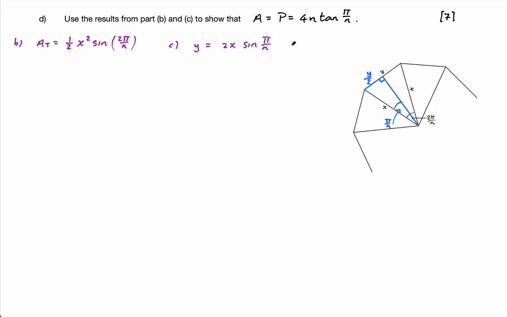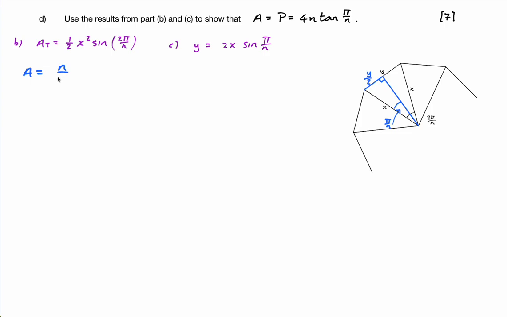Okay, so firstly, the total area, A, is equal to n of these, because this is the area of one of these isosceles triangles, and there are n isosceles triangles. So A, which is the total area of this polygon, is going to equal n times this.